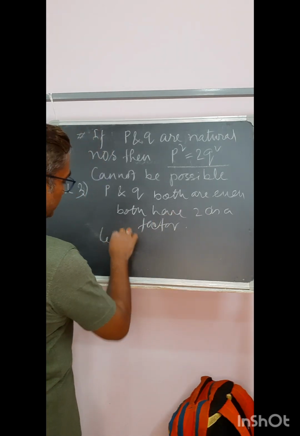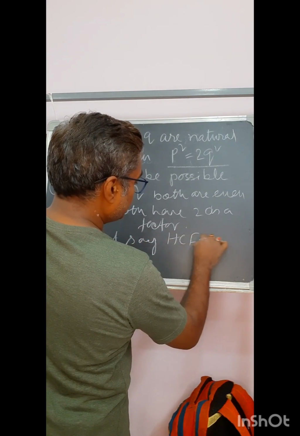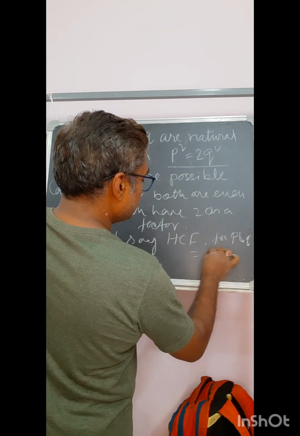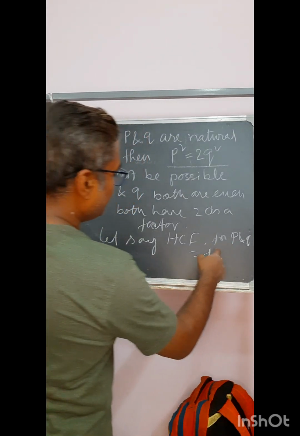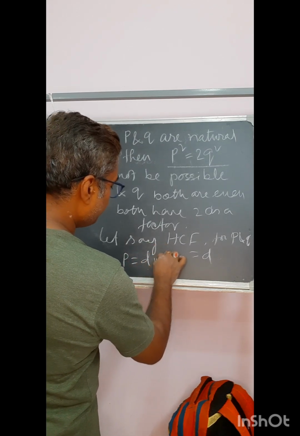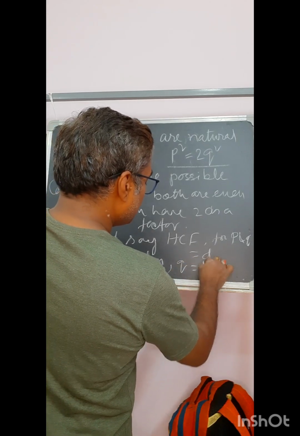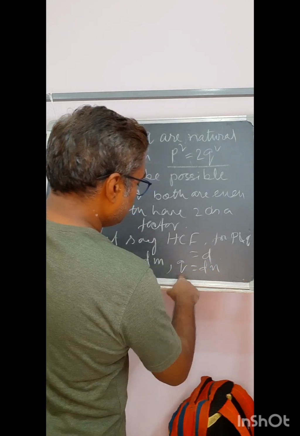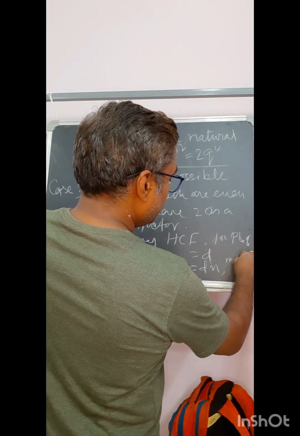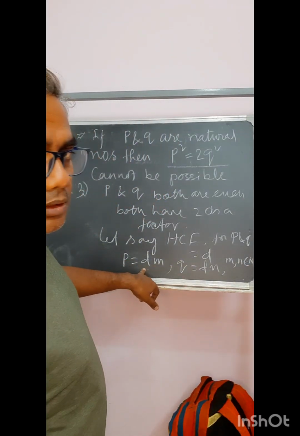Let's say the highest common factor of P and Q is D. So P can be represented as D times a natural number m, and Q as D times a natural number n, where D is their HCF.